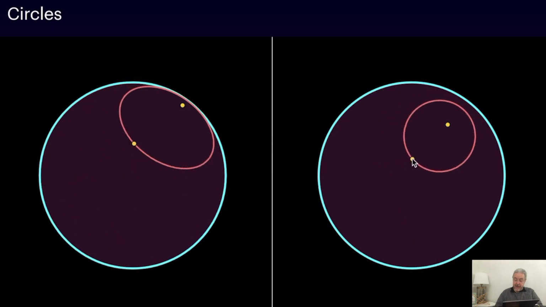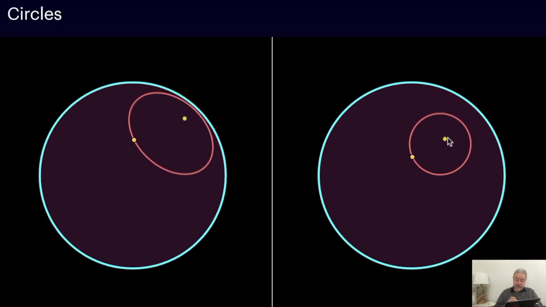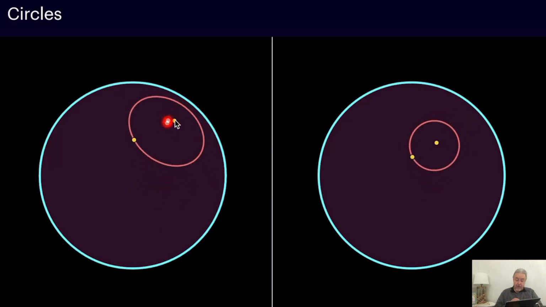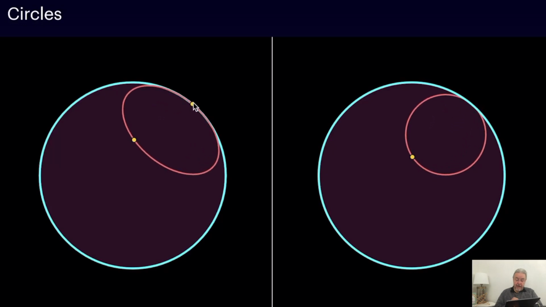Let's take that point here and now take the center of the circle and move it to the boundary. And here I accidentally overshot a little, but it's very close to the boundary. And what you get is circles that are tangent to the horizon circle.